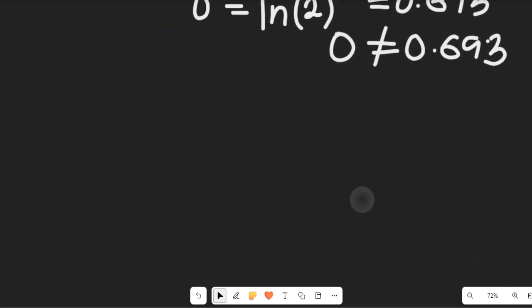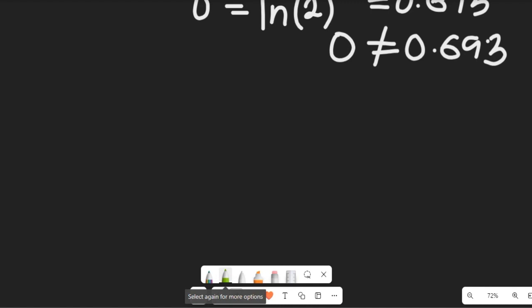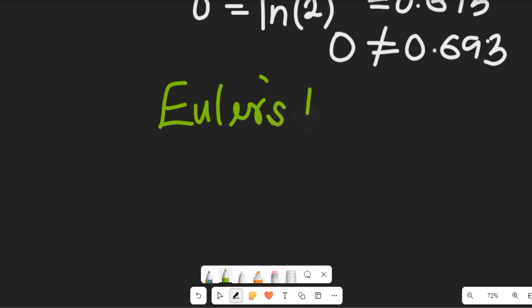So how do we find the complex solution to this question? We're going to find the complex solution using what we call Euler's formula. Now, how do we use the Euler formula to find the complex solution to this question? Let's find out.